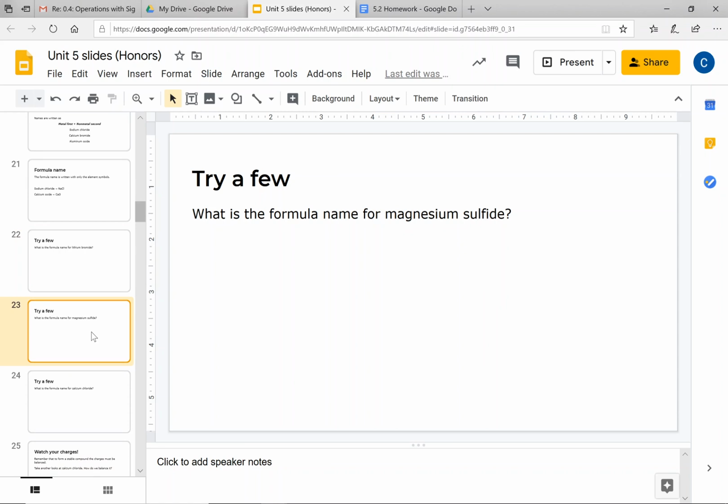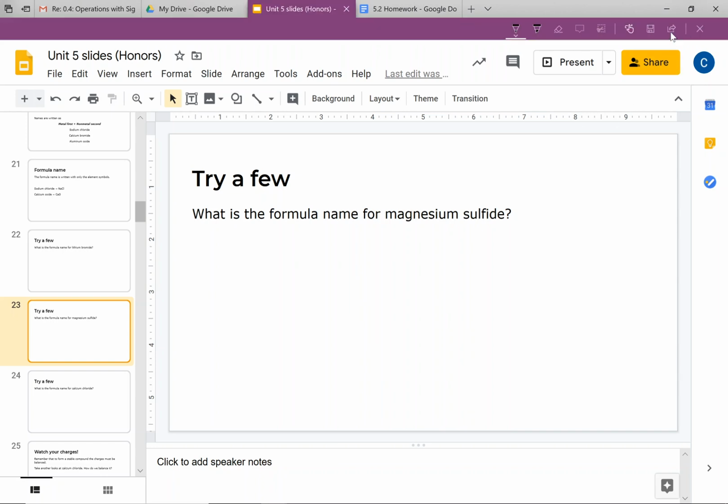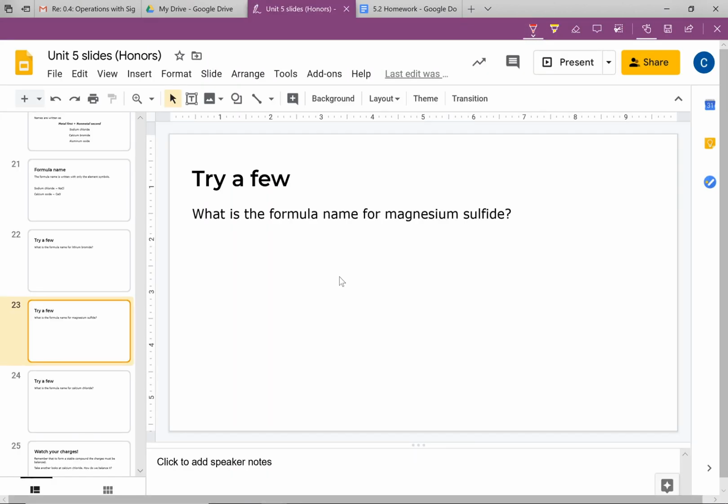Magnesium sulfide. Again, try this out on your own. What's the formula name? So the formula name will be the element symbols. All right, again, I'm going to do something that I think will have payoffs in a minute here. So we've got magnesium.